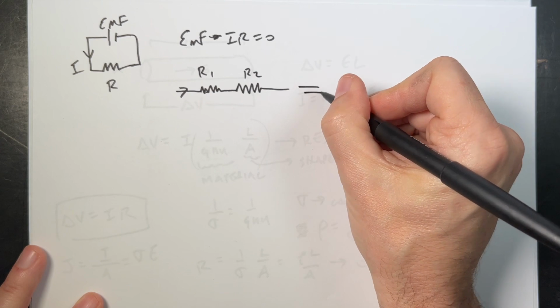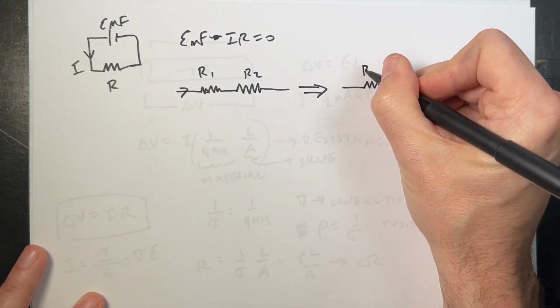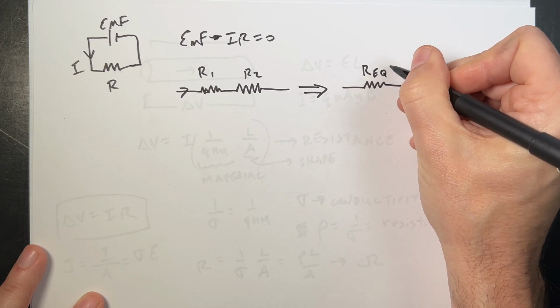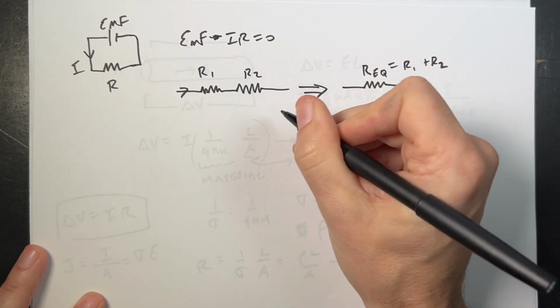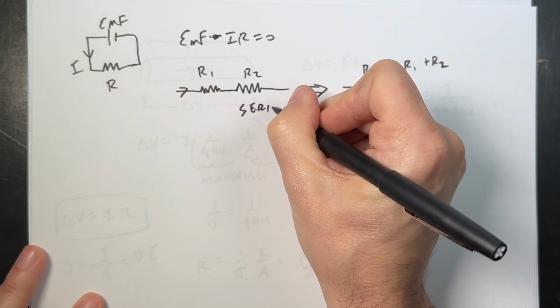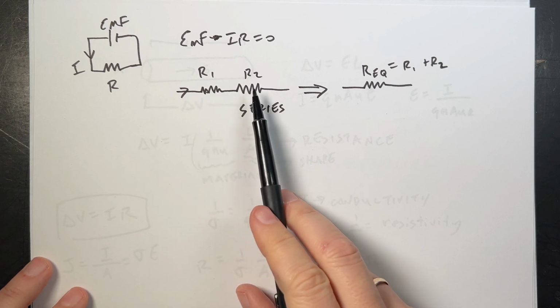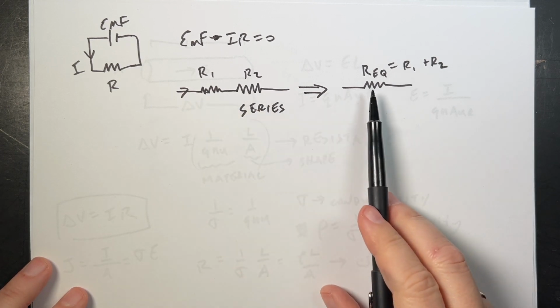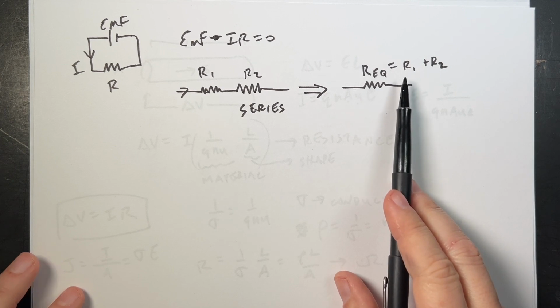We can actually replace this with one single resistor called R equivalent, and that's equal to R1 plus R2. We call this series. Resistors in series. So if you have two resistors in series, they have the same current going through them, you can replace them with one resistor that's just the sum of the two individual resistors.